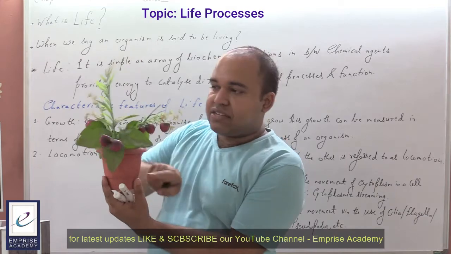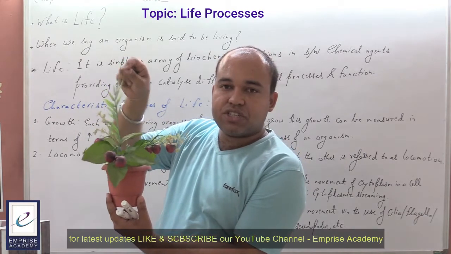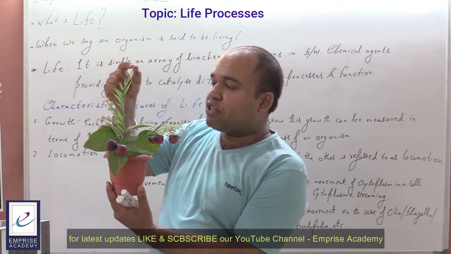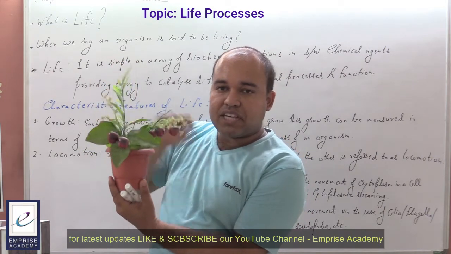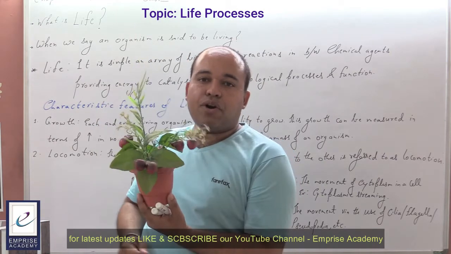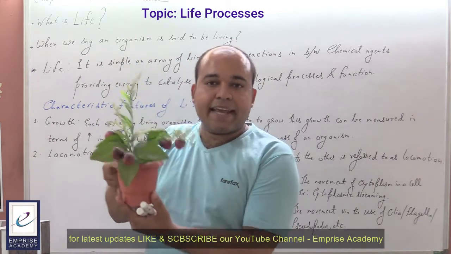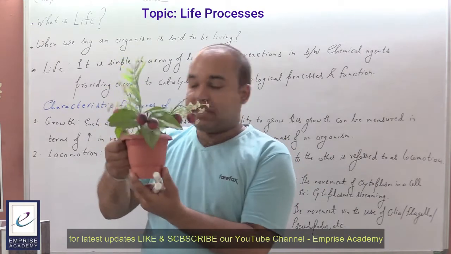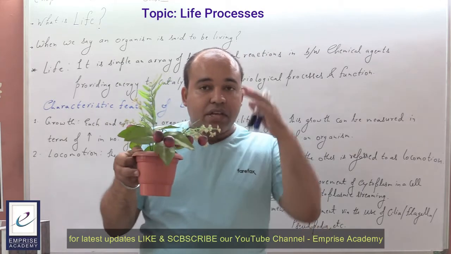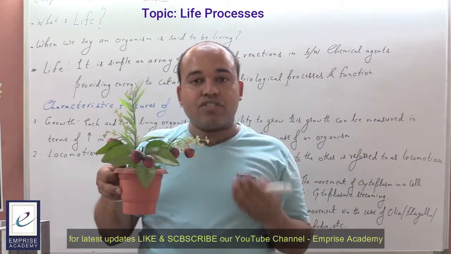The xylem helps in the transportation of water and minerals from the root to the shoot tip, and the phloem helps in the translocation of food material towards the entire plant body. So locomotion, movement, is still taking place. That is intracellular movement, because xylem vessels help in the translocation of water.